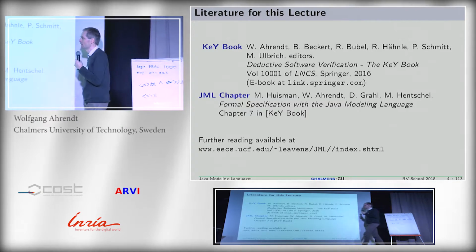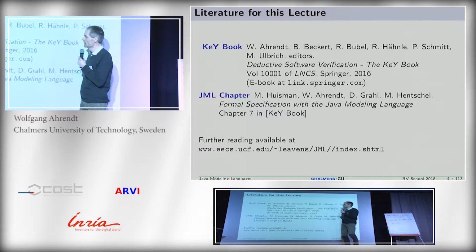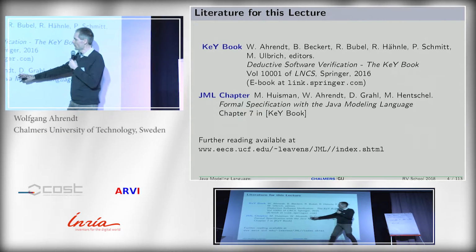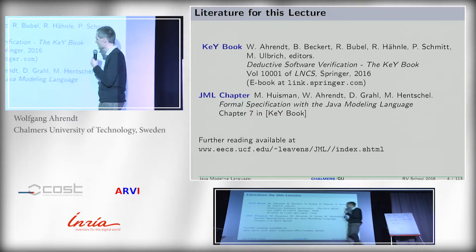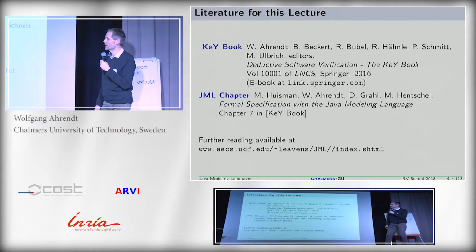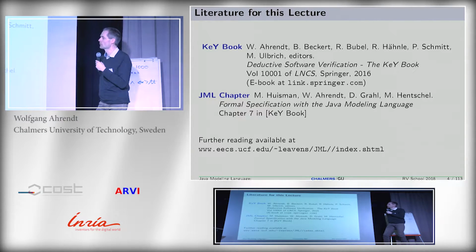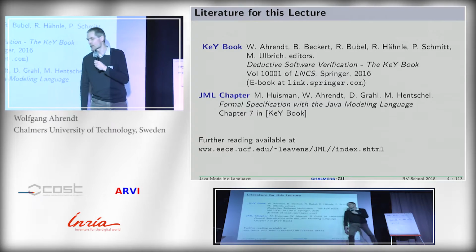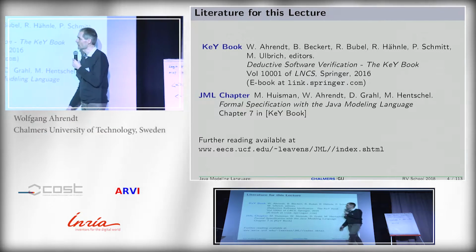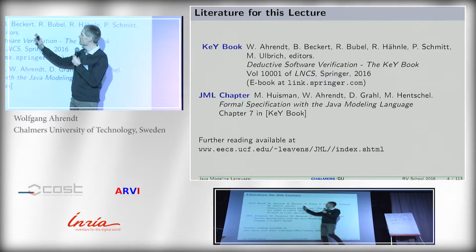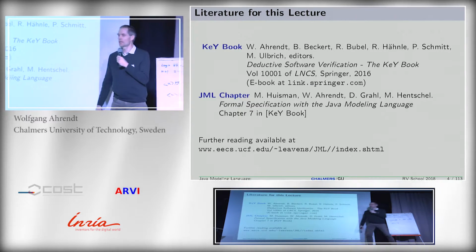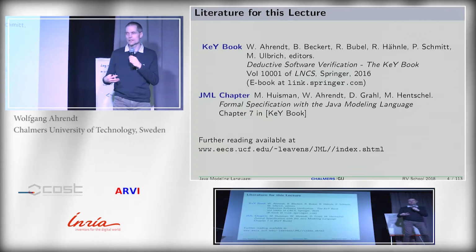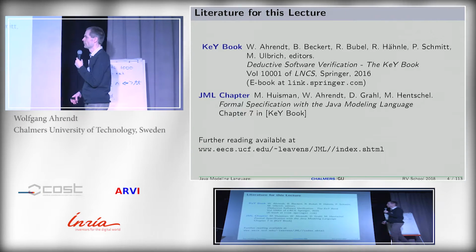Okay, and when it comes to literature, I wrote with three other people recently an overview of JML and a tutorial, JML formal specification with the Java modeling language. It's part of the KeY book, which is a book about a static verification system, which I will say something about later.